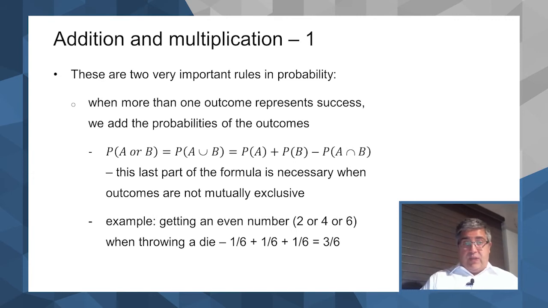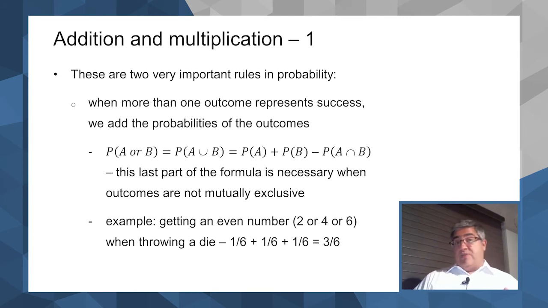Okay, so if you look at the notation on the slide, what it says is probability of A or B equal to the probability of A union B. That's the meaning of that sign, union being A or B, is equal to the probability of A, in my example more than 100 products, plus the probability of B. So more than 100 products will be 5 out of 20, which is 25%, plus the probability of B, 7 out of 20, 35%.